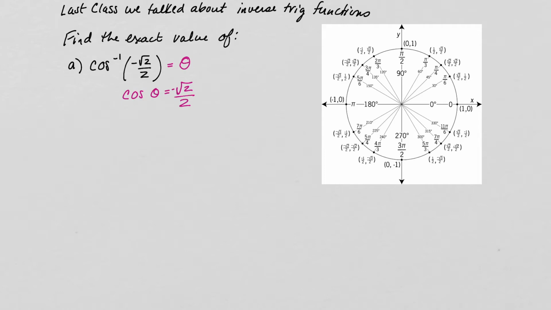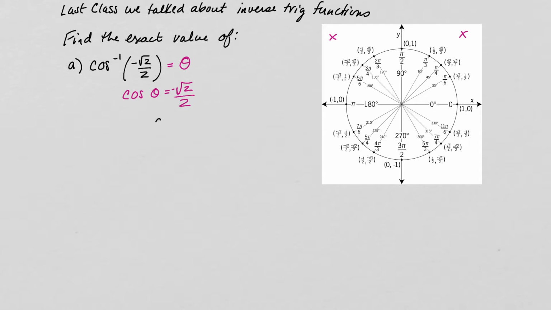Remember the inverse cosine is defined in the first quadrant and the second quadrant. So we looked just in the first and the second quadrant, and we're trying to find when is, remember cosine is the x value, so when is the x value equal to minus root 2 over 2? All these x values are positive, here they're negative, and here is where it's equal to that minus root 2 over 2. So the answer to this would be 3 pi over 4, right?